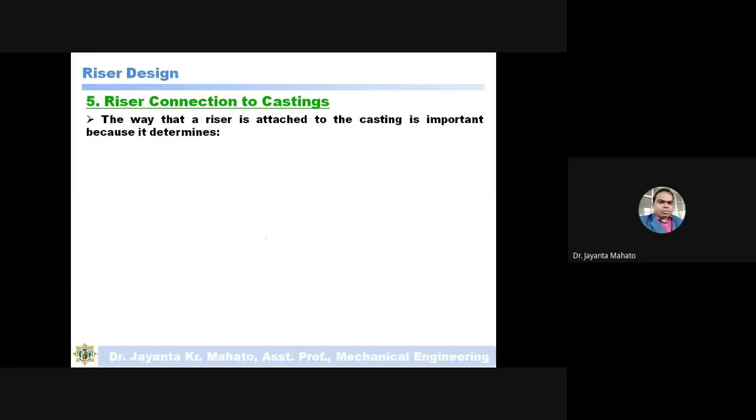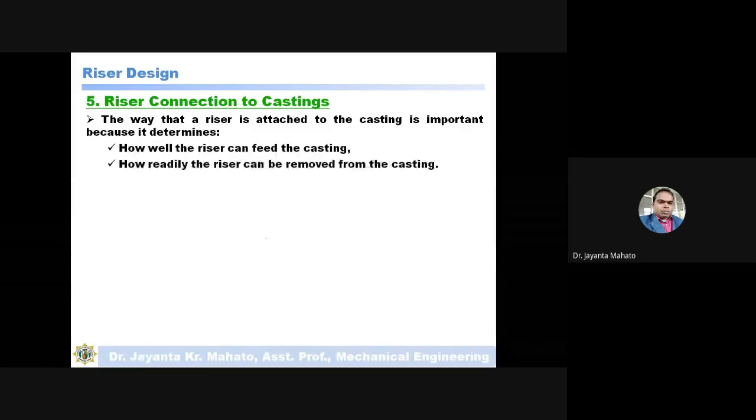The way that a riser is attached to the casting is important because it determines how well the riser can fit the casting, and how readily the riser can be removed from the casting.